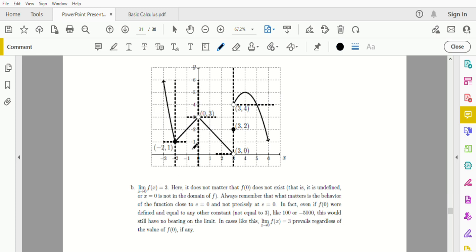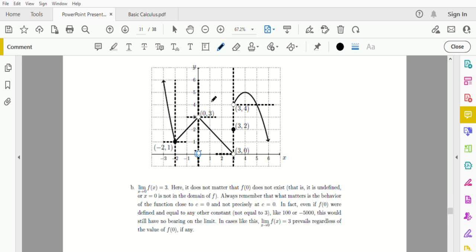Limit of f of x as x approaches 0. So this is the 0 point, the origin. As x approaches 0, we have this point here. Although this is a hole, we are just observing what happens to our f of x. So our f of x approaches the value of 3.